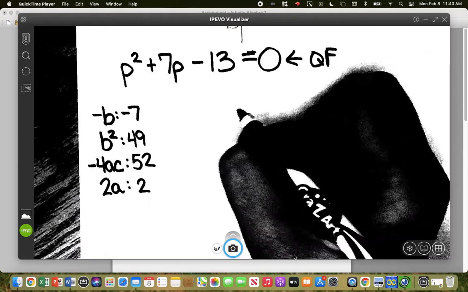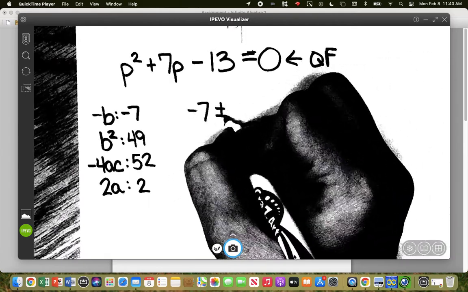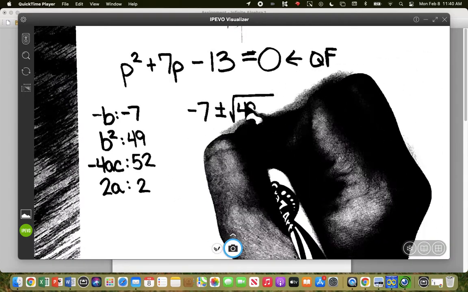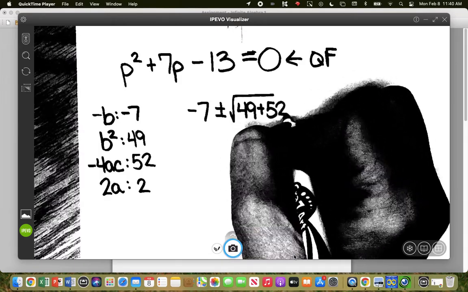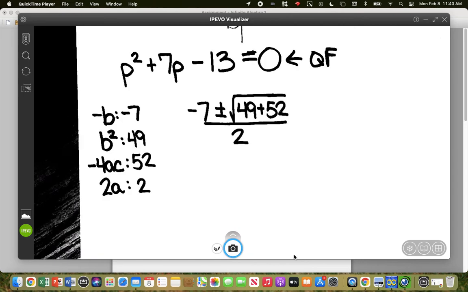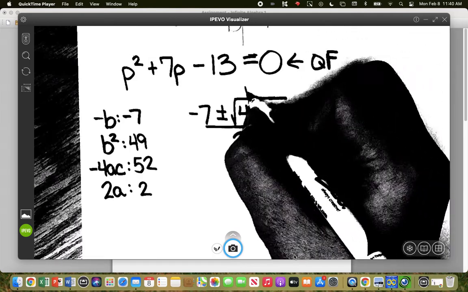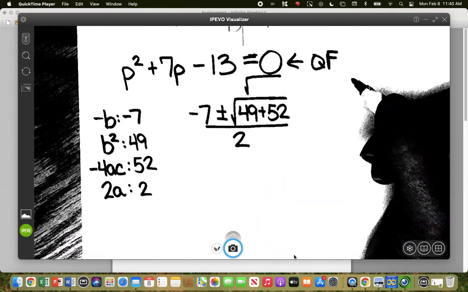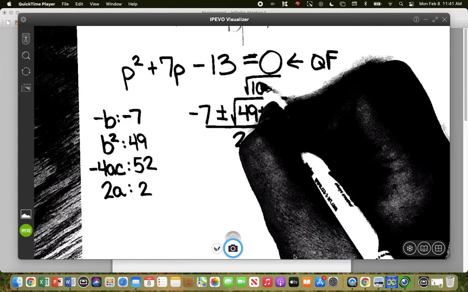All right, so we've got 49 plus 52 in our square root. What happens when I add those? What do I get? 101.